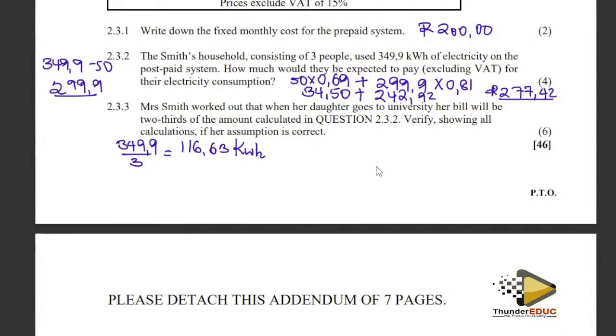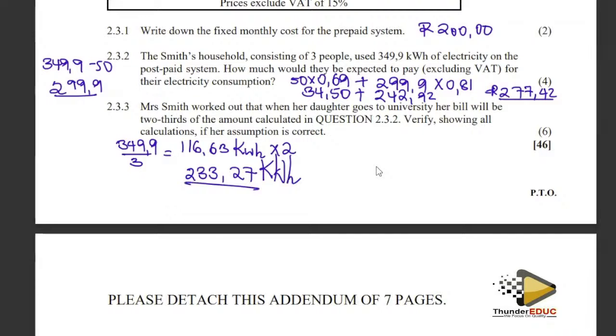She says the bill will be 2/3 of the amount, so we need to know if she leaves how much. Let's multiply this by 2 because 2 people will be remaining. One has gone off. We're going to calculate the amount based on this.